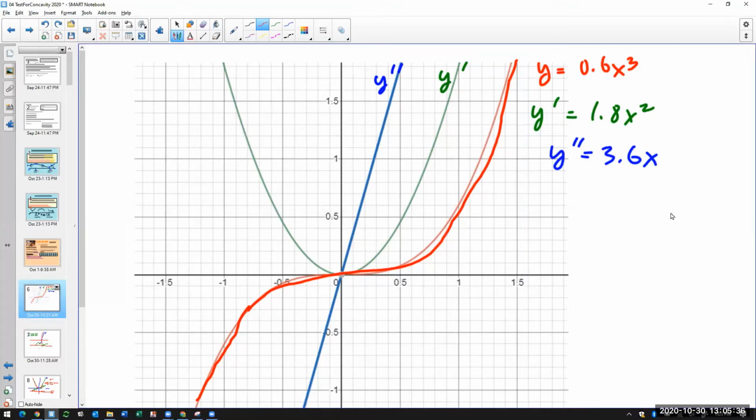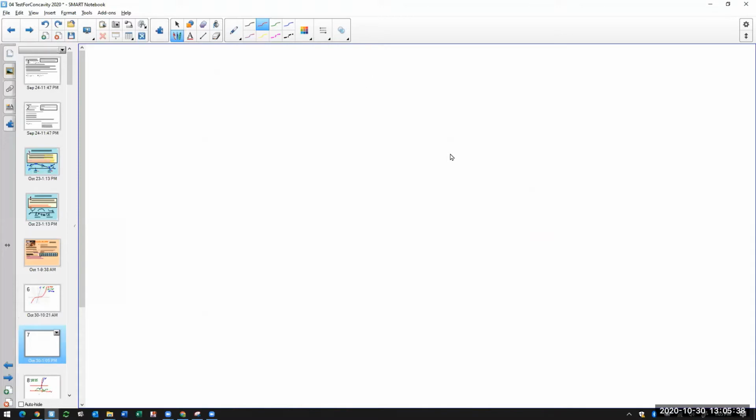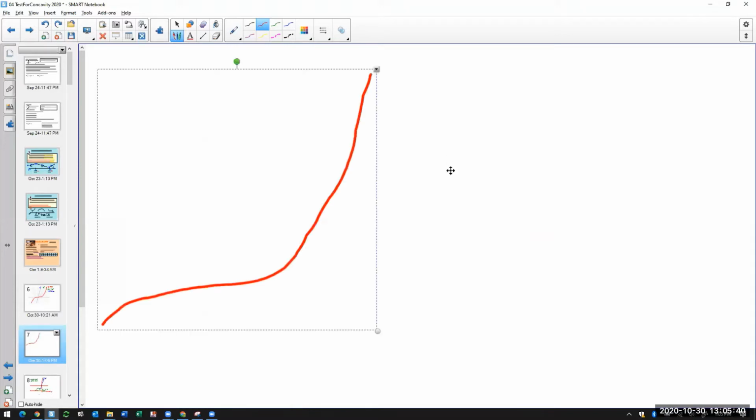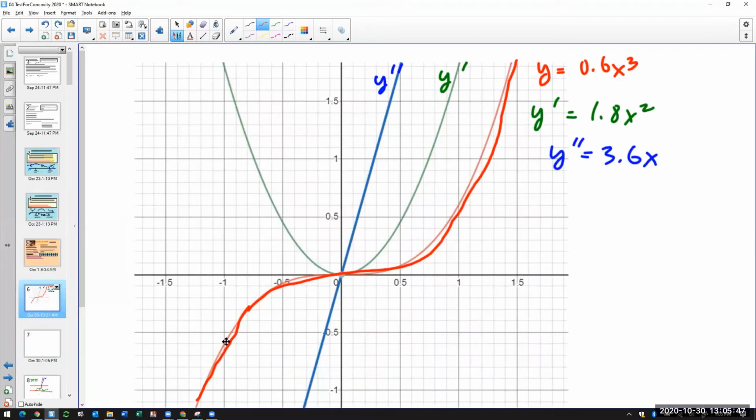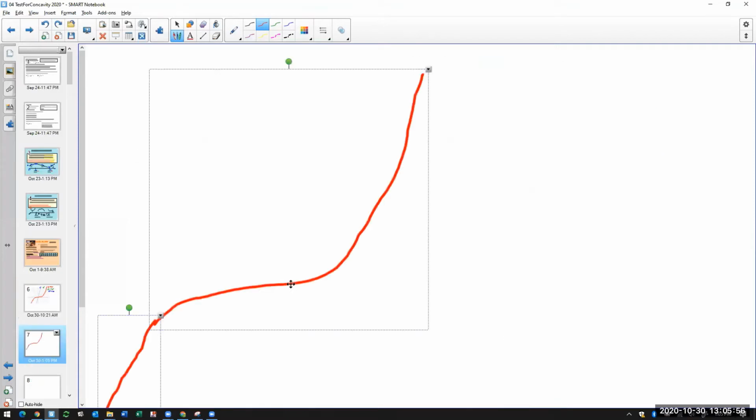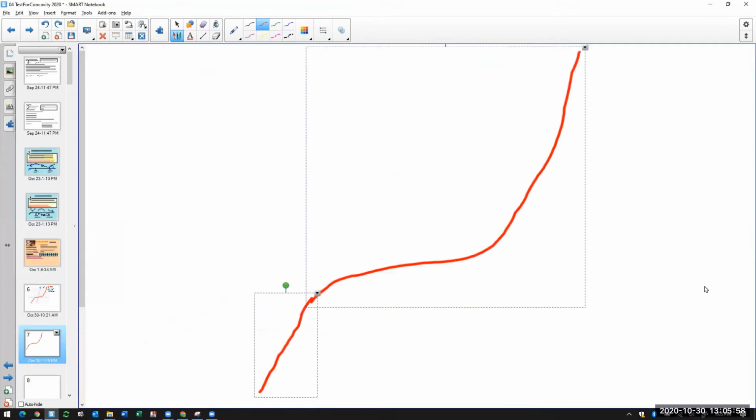I'm just going to give you y or y prime or y double prime. Okay, not everything. Hey, how come that didn't really trace? Sorry, I only got part of it. Okay, let me get this whole thing. Okay, so this is y, okay?